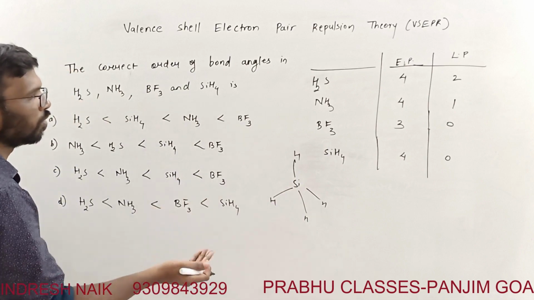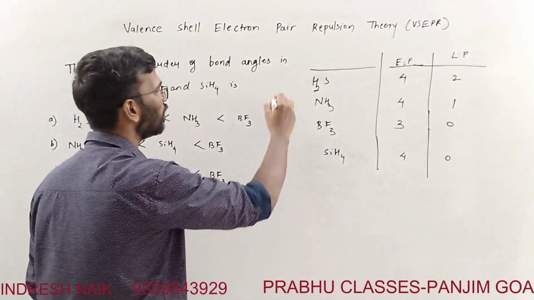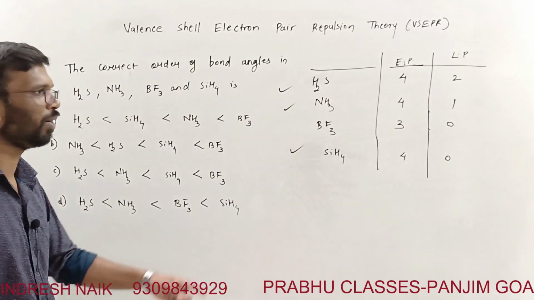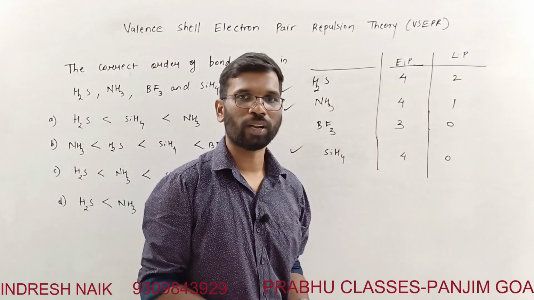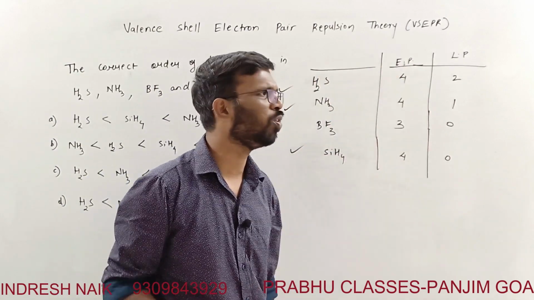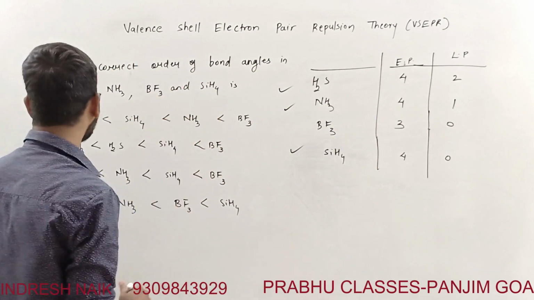Among these, the ones having maximum electron pairs are this and this, right? 4 electron pairs, but since they both have 4 electron pairs, we can't make a judgment based on this. We'll have to look at the lone pairs. The one having maximum lone pairs is H2S, right?